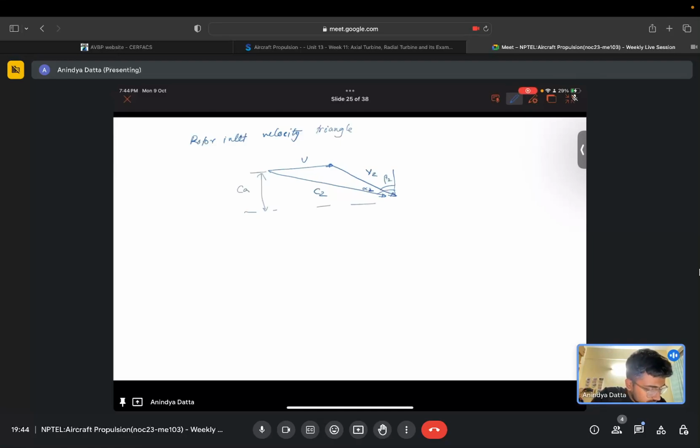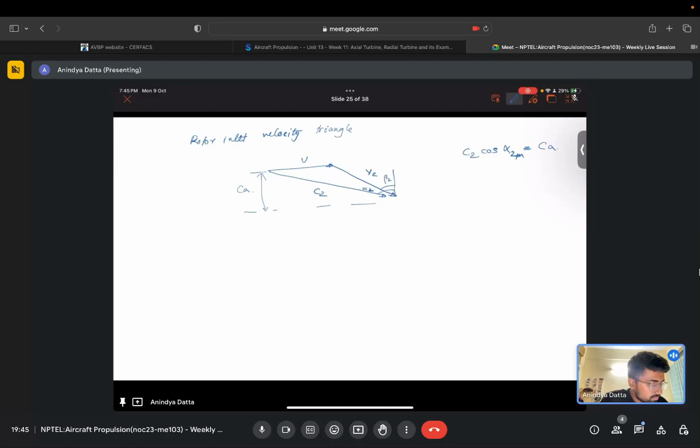If you look at this, we will see that C2 cos alpha 2 is equal to Ca. Remember, this angle alpha 2 is at the midline, the blade angle at the pitch line or the mean radius.